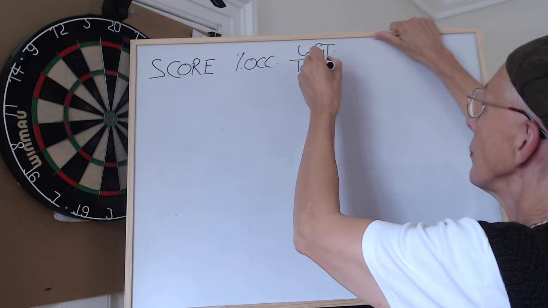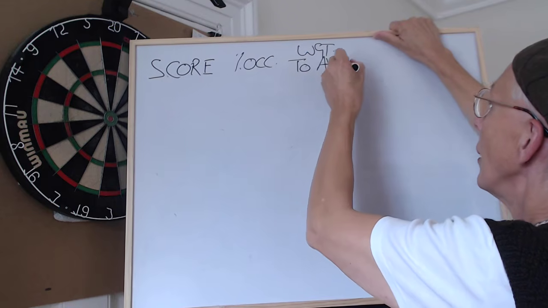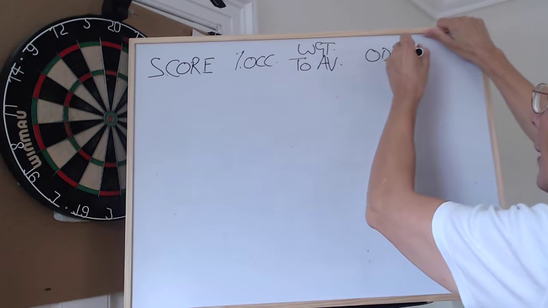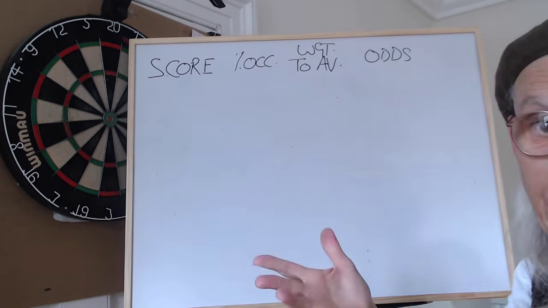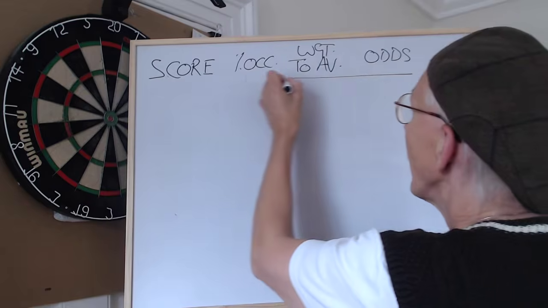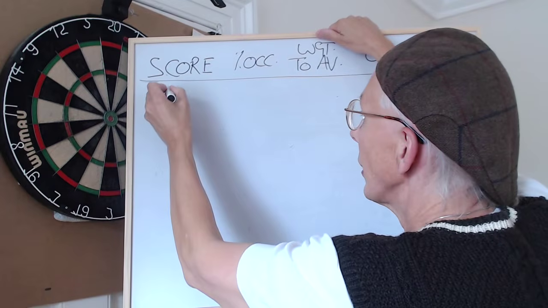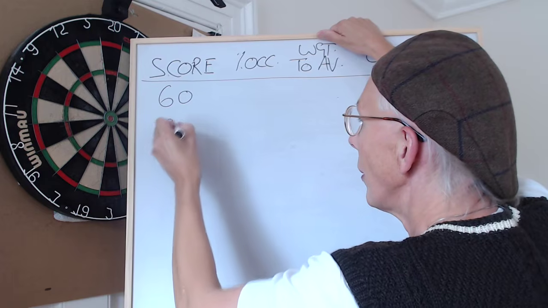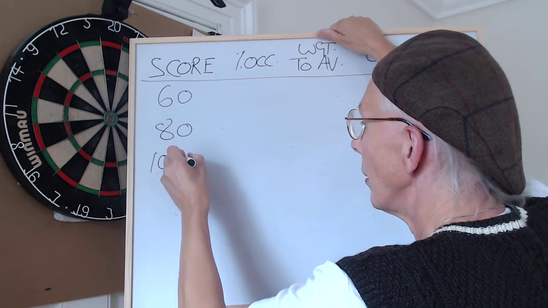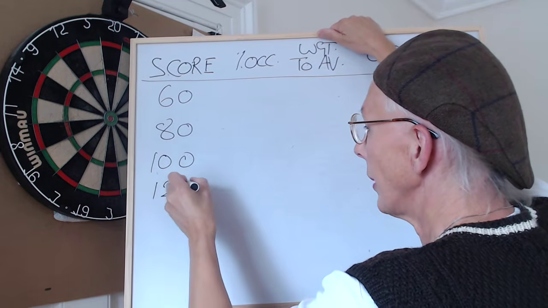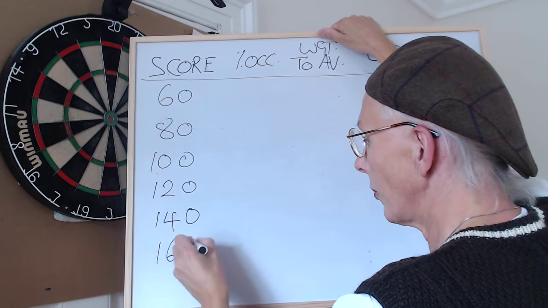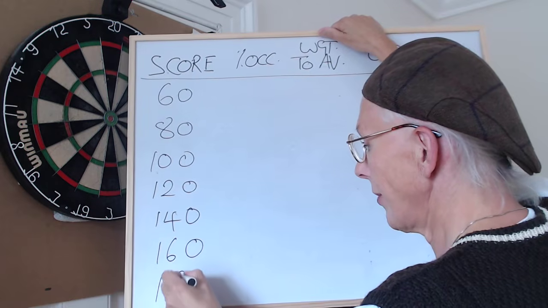Remember, his average is 75.6. And then I'll just give the odds as well, like roughly how many goes does he have to get that score. And the possible scores that Tony can get are 60, 80, 100, 120, 140, 160 and 180, right?